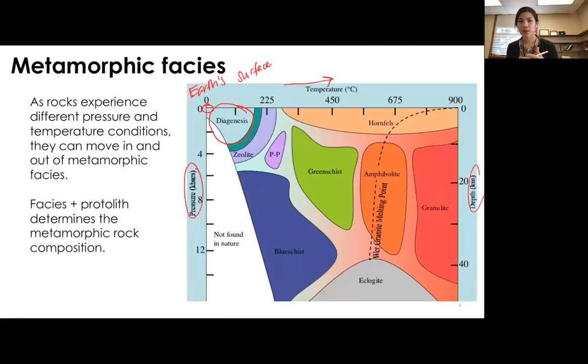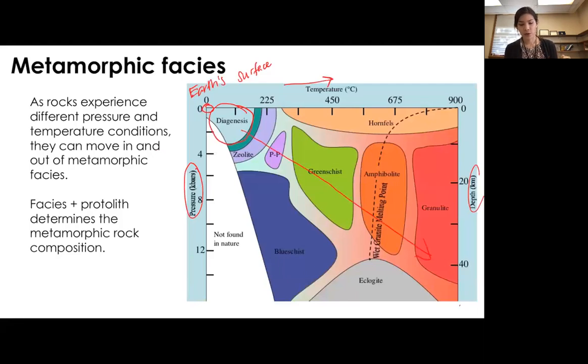If the rock is subject to steadily increasing pressure that pairs with a steadily increasing temperature, so for example, regional metamorphism, it would go in a line like this. And so we would expect that to go under diagenesis to form a zeolite, then to form a greenschist. So this would be a schist texture that often contains greenish minerals. Then get into a higher grade metamorphic rock called an amphibolite, and then finally into a granulite.